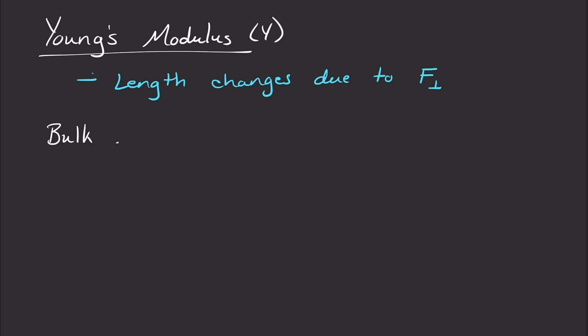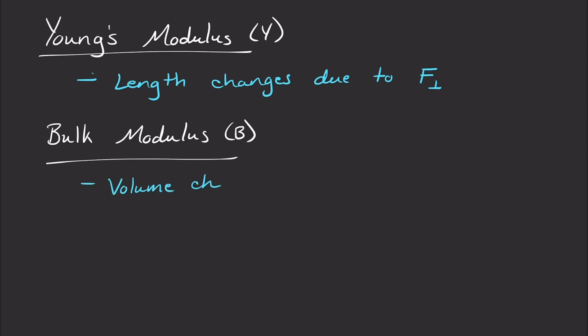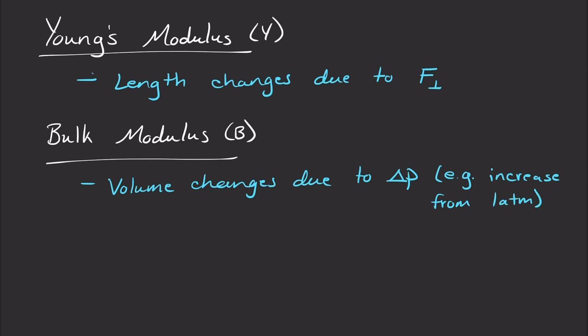And then we looked at a bulk modulus, capital B, and these were volume changes due to some change in pressure. We have some original pressure just from air. All fluids or all objects are in the presence of air, so they all feel some pressure, so we need some pressure change, an increase from 1 atmosphere, for example, which is what our air pressure is.